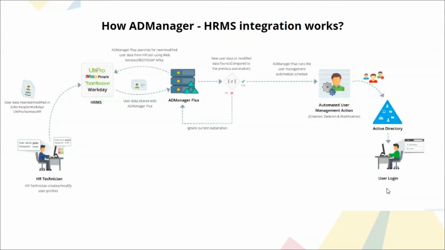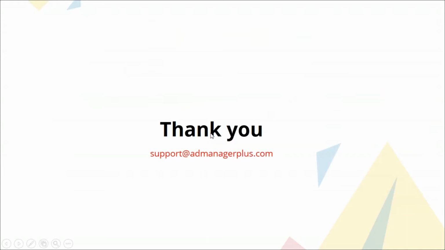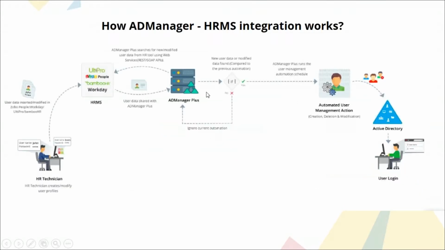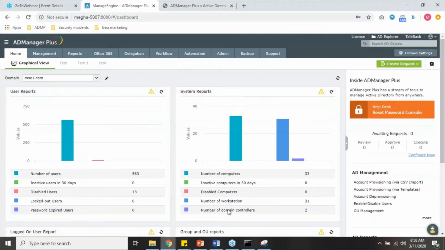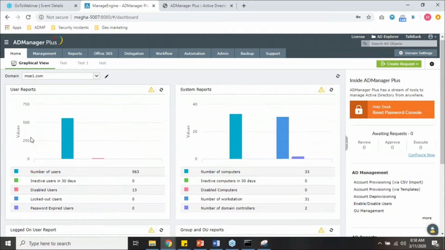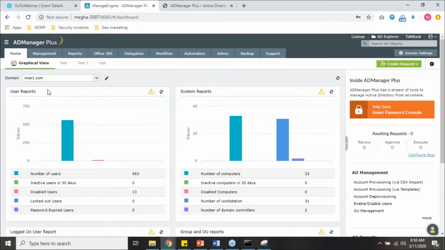Users will be added to a different department. Users' properties will change. Then you want to make sure that there is no duplication of data. Even when you are adding a new user to a database or an HRMS application, if you set an automation to run every day, you want to make sure that the new users are not being duplicated and created in AD.